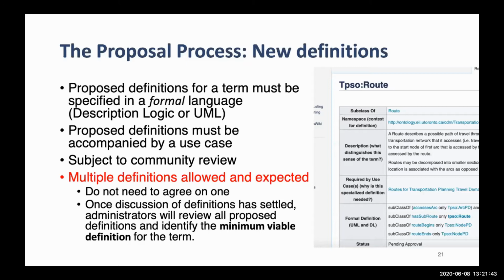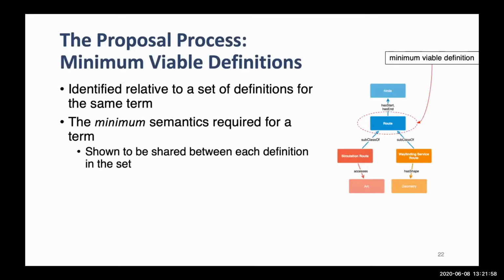So once the discussion of these definitions has settled and we've agreed that these definitions are in fact correct and represent what we mean, then we'll go through them and identify what we call the minimum viable definition for each term. So minimum viable definitions are something that's identified relative to a set of definitions for the same term. And essentially they tell us what the minimum semantics required for a term are.